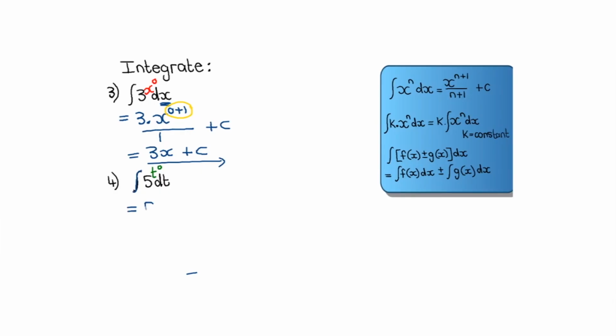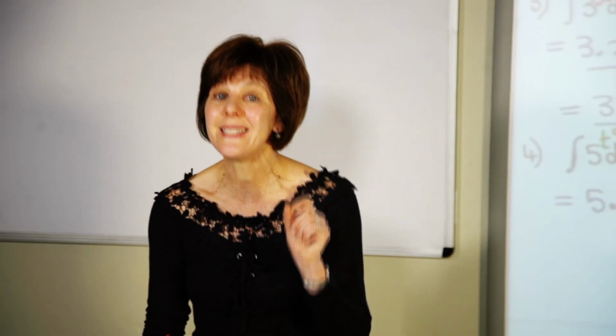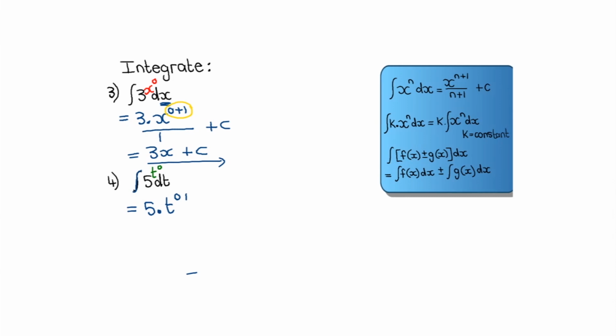If I use the integration rules, I'll write down the constant 5, write down the t to the power 0 that I have, and now I have to add a 1 to the exponent of the t and divide by that new exponent, which is 0 plus 1, is 1, plus the constant. If I simplify this, it will be 5t plus a constant.